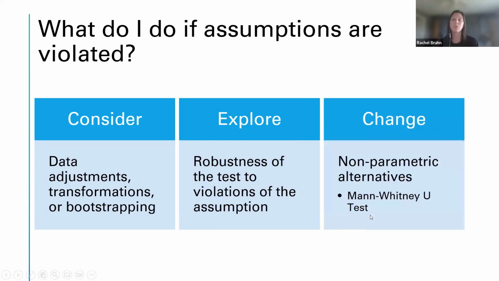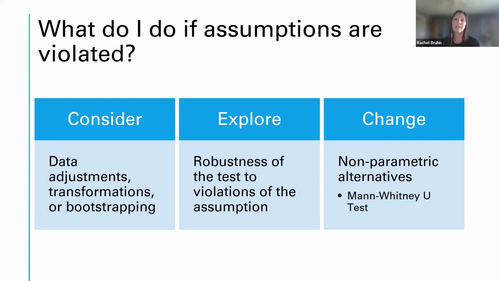And then you could also consider just changing the test. So the t-test is a parametric test. As with most parametric tests, there is a non-parametric equivalent. For the independent samples t-test, that is the Mann-Whitney U-test.